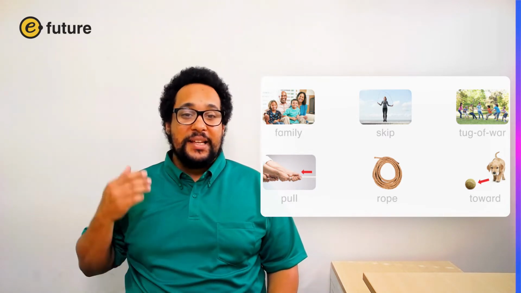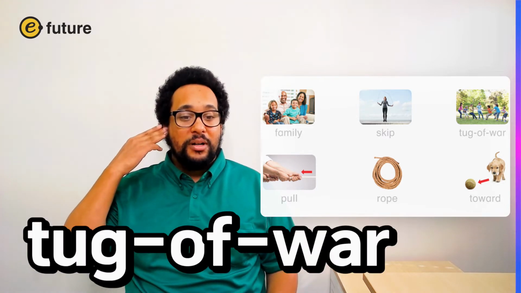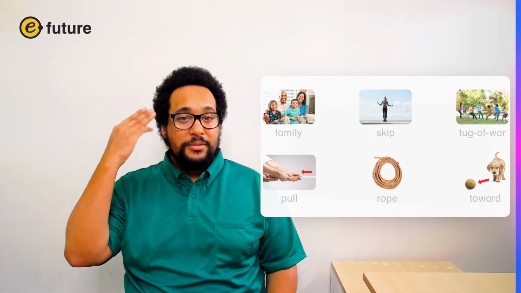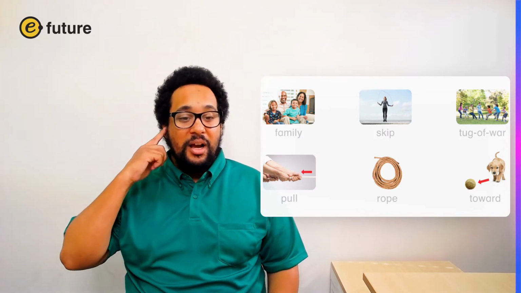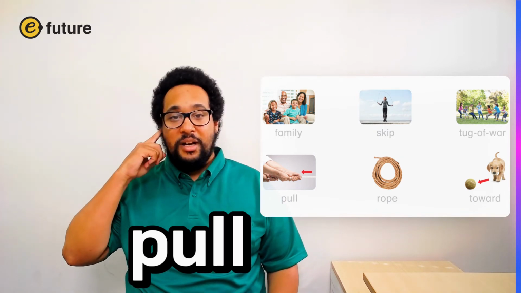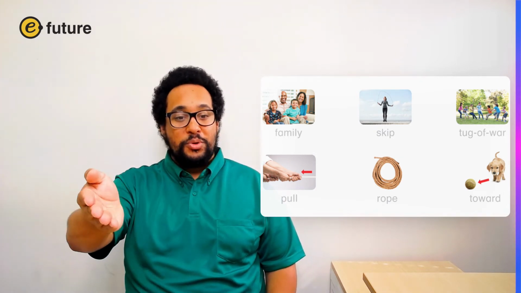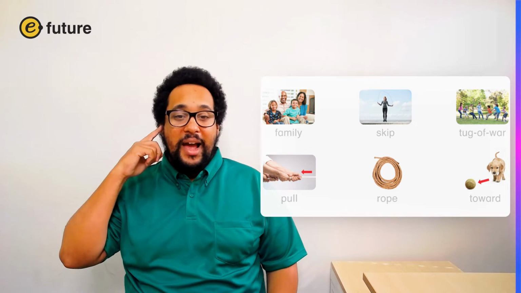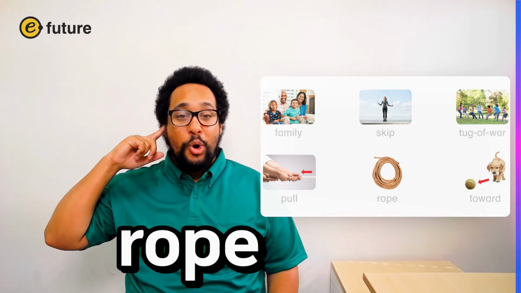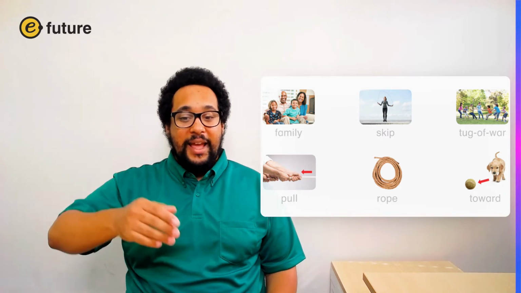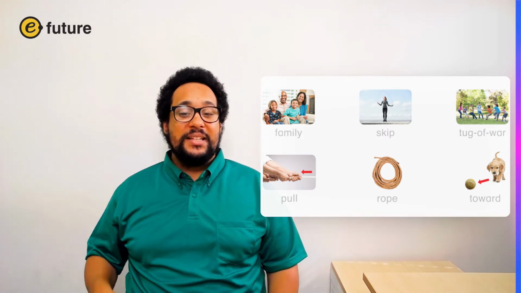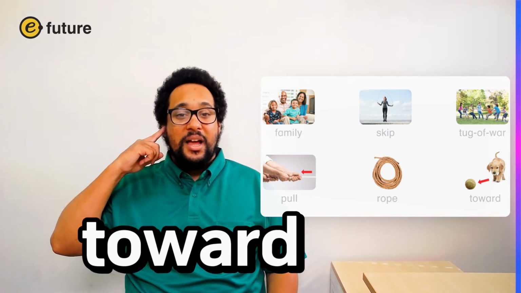Our next word is tug of war. Tug of war. Our next word is pull. Pull. Your turn. Our next word is rope. Rope. And our last word is toward. Toward.